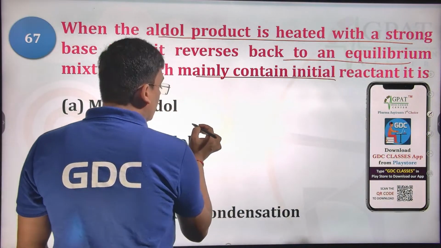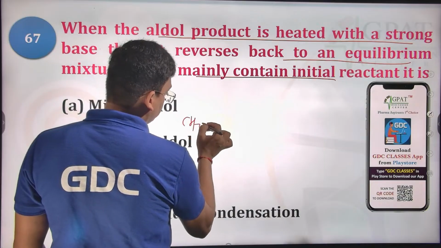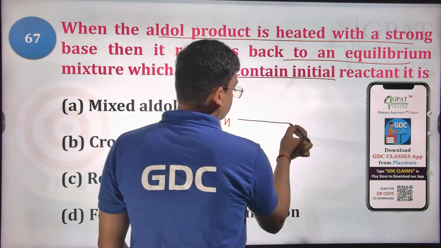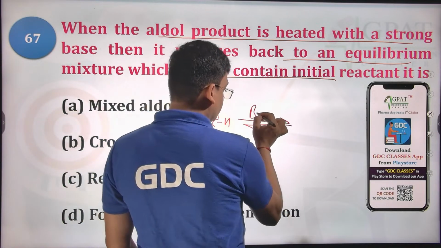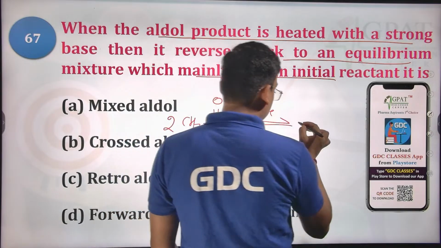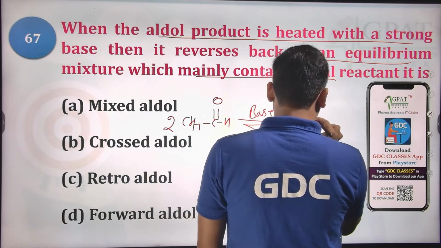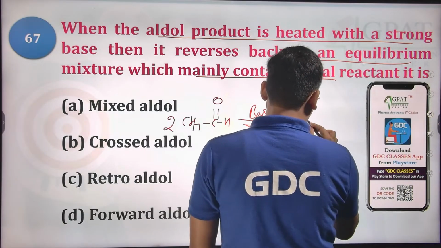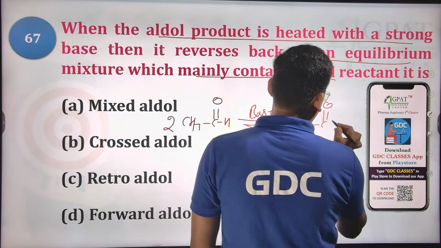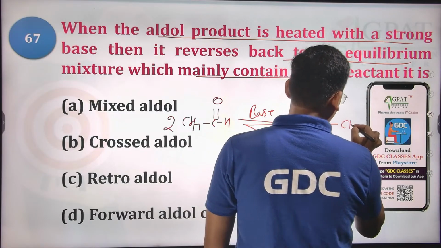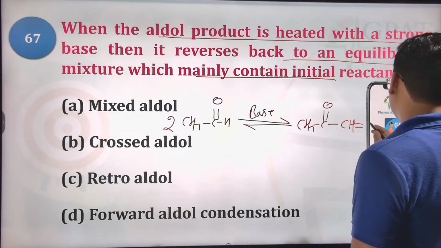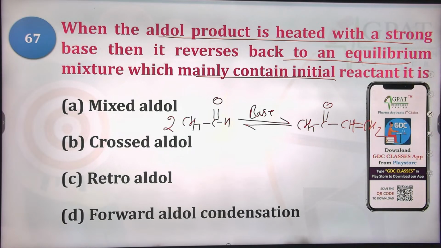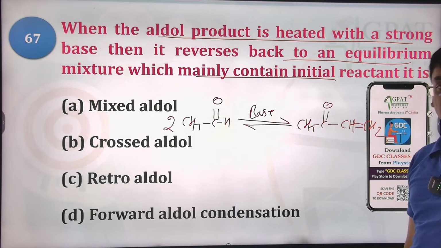So basically we have CH3CHO, two moles of this compound, and in a basic medium, in the presence of base, we get an alpha-beta unsaturated carbonyl compound, CH3-CH=CH-CHO. This is our aldol condensation reaction.